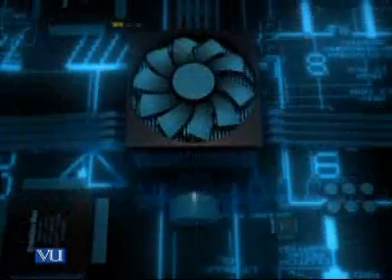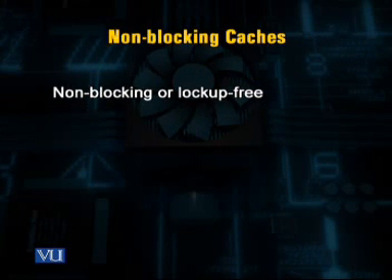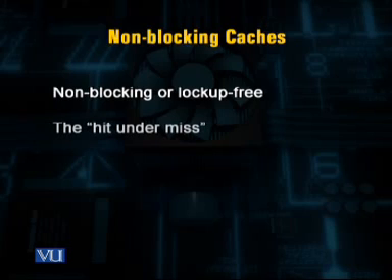The non-blocking caches basically require the central processing unit to work on the principle of out-of-order execution. The non-blocking caches, also known as lockup-free caches, allow the data cache to continue to supply cache hits during a miss, which is usually referred to as hit under miss.